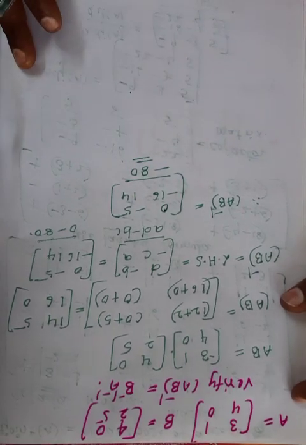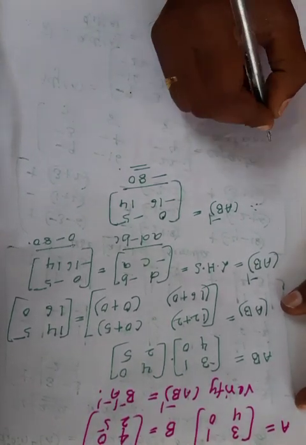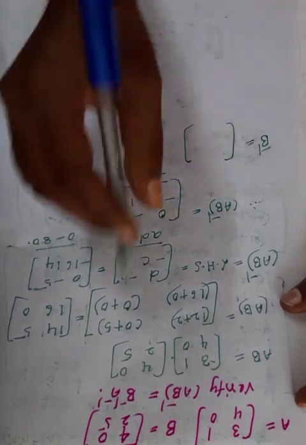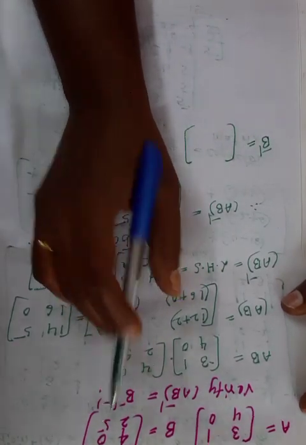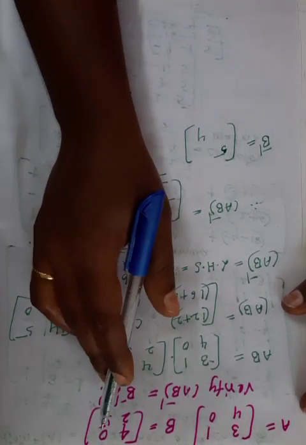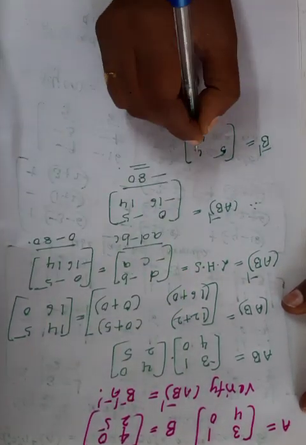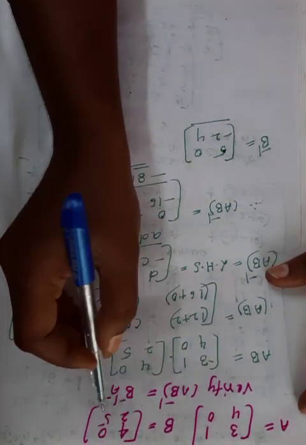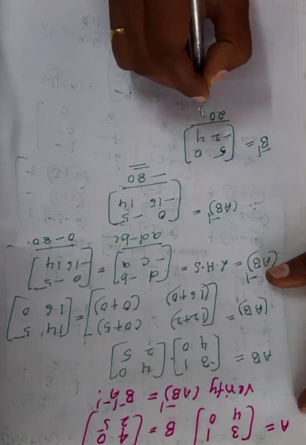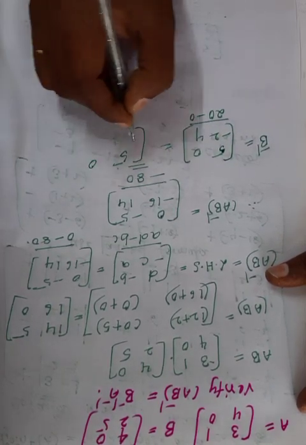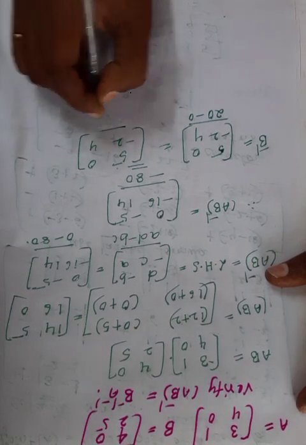Now we have to find B inverse into A inverse. B inverse is equal to: 5 and 4 should be interchanged, and we multiply with minus for 0 and 2. So 0, minus 2, by AD minus BC, 4 fives are 20 minus 0. Therefore, 5, 0, minus 2, 4 by 20.